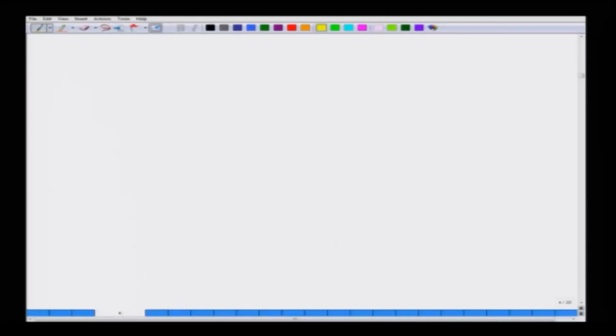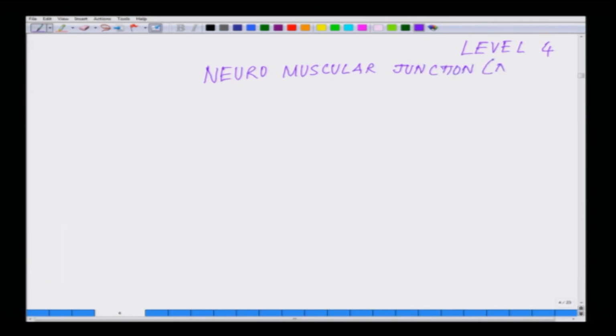So, this is where we are moving into level 4 of this circuit, which is the neuromuscular junction. In short, it is also called NMJ.